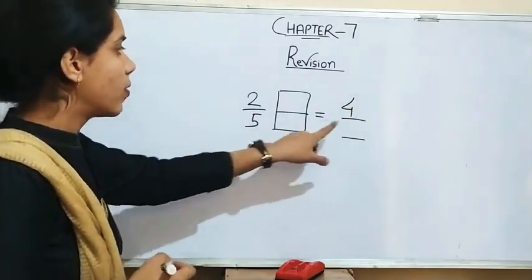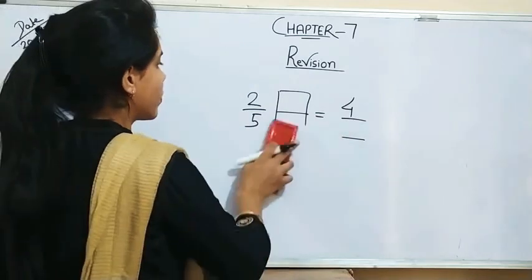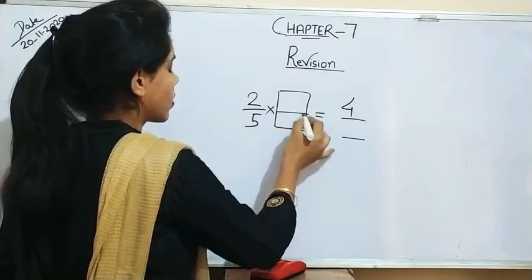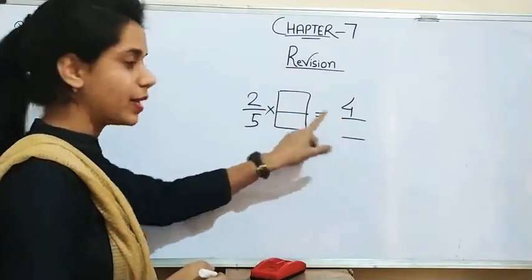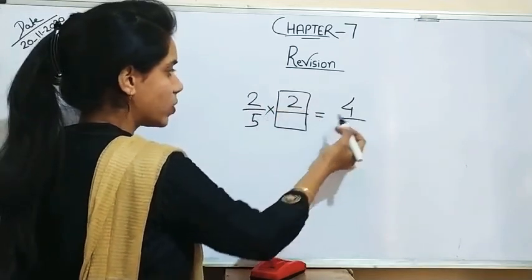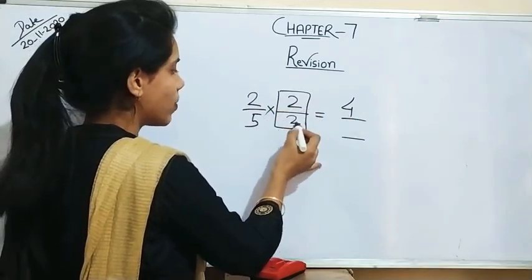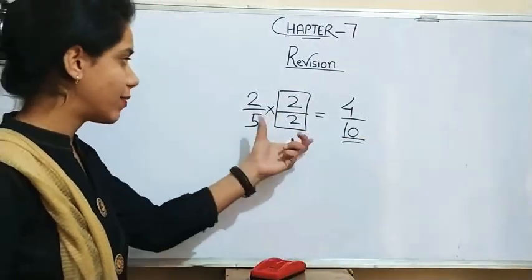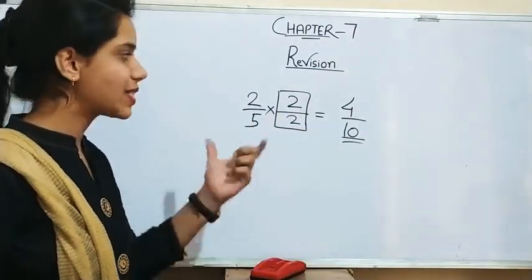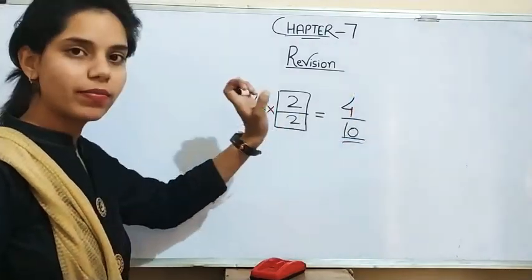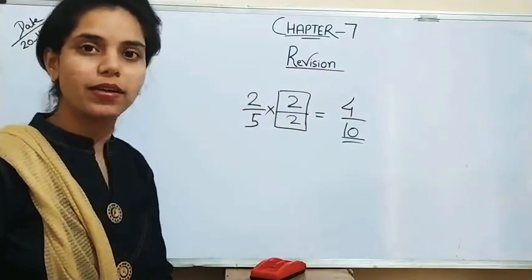So what will come here? Yes, if we multiply 2 here, we will get 4. So 2 will also multiply here, so you will get 10. So in this way, if a blank is given to you in these types of questions, you have to see whether it is multiplied by the number or divided by the number.